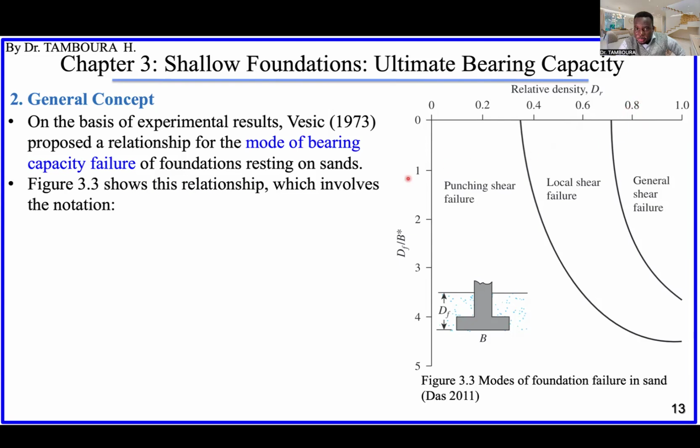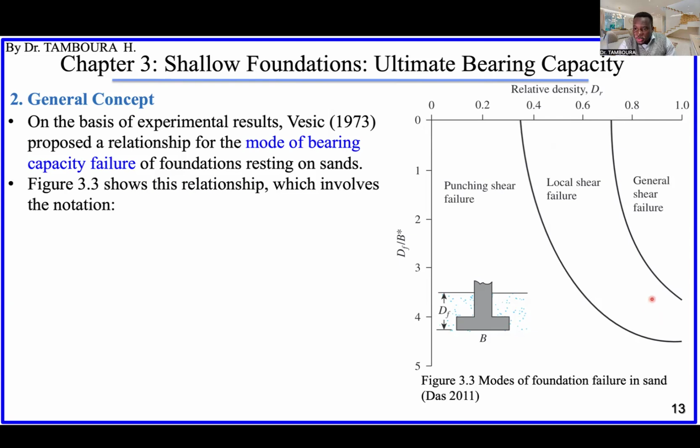If I am at a depth ratio of 1, I will be in here, general shear failure. But if I go up to a depth ratio of 4, for example, it will be like local shear failure, something like that.